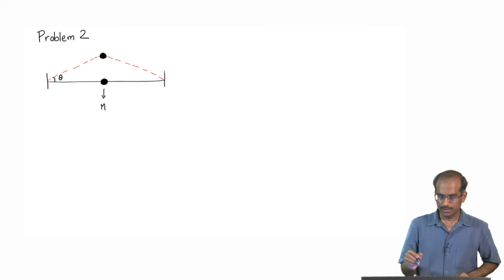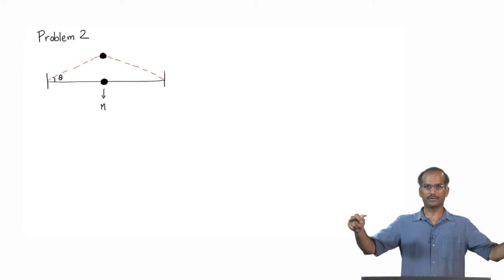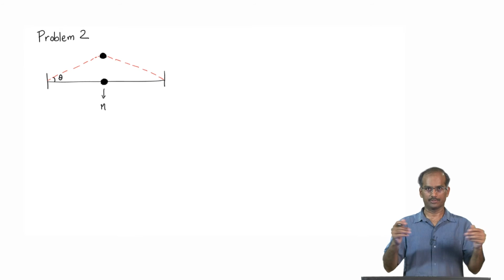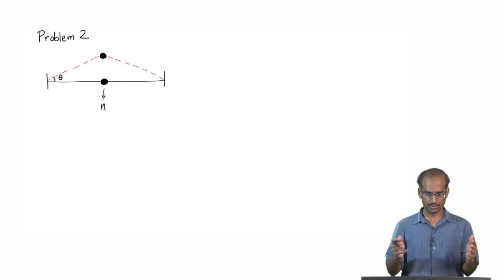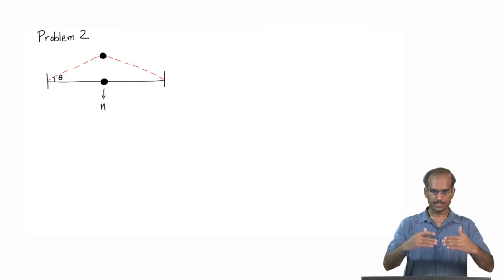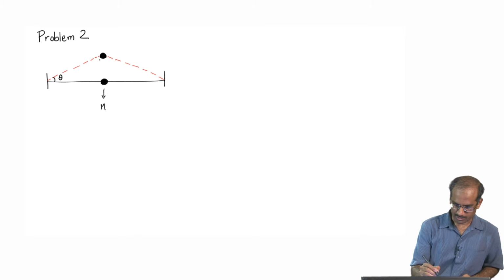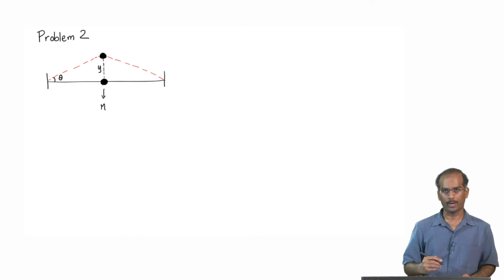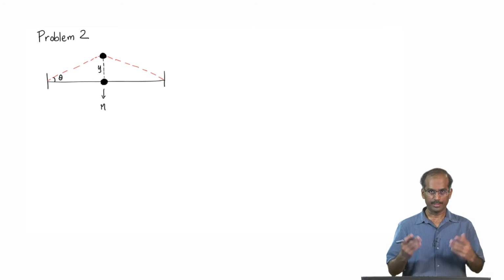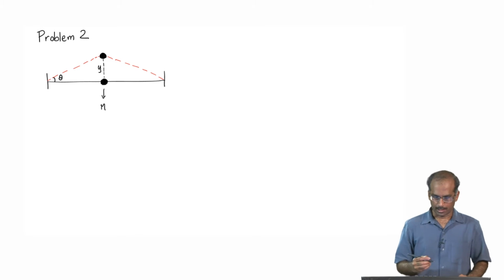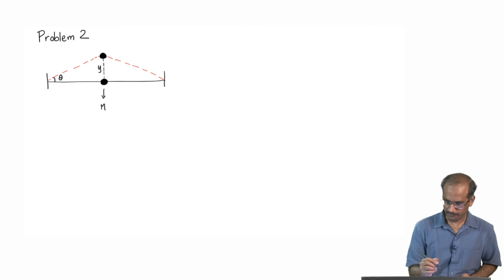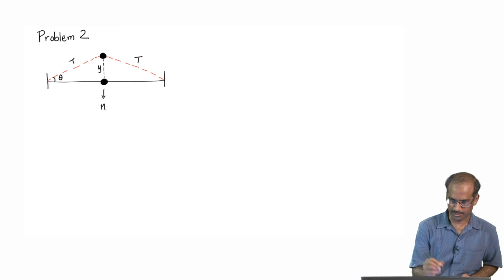And so, this is our equilibrium position, the point at which nothing happens, you do not do anything to it, nothing happens to this block. So, that will define our equilibrium position, and with respect to the equilibrium position, this will be the variable y. So, that would be our displacement, and an important thing for us is there is tension T in the string.